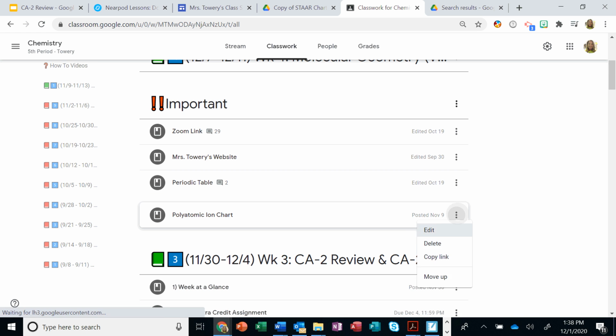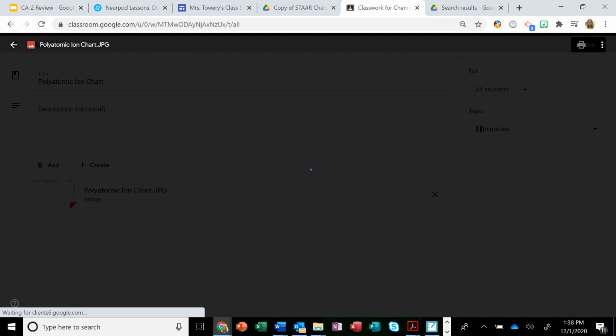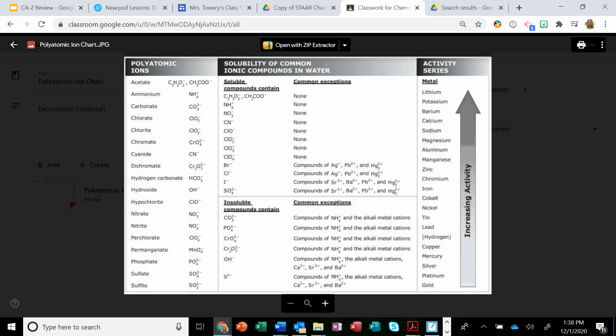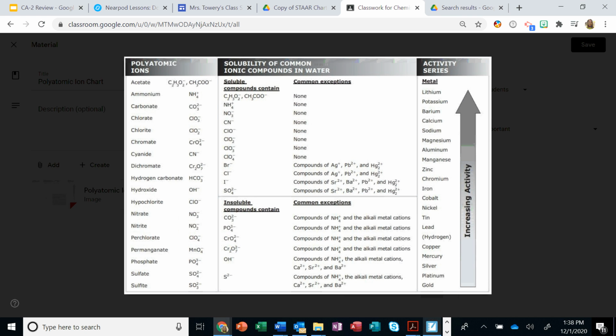It's in your Google Classroom. Alright, so if I was looking over here, we have CrO4. So I'm going to find CrO4 on this table, and it happens to be right here. This is it. So the name of it is called chromate.